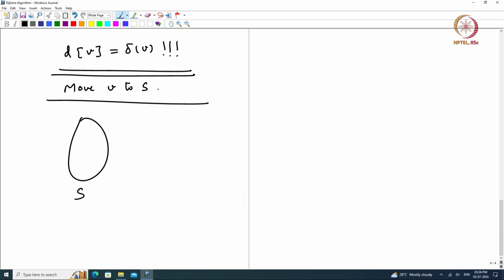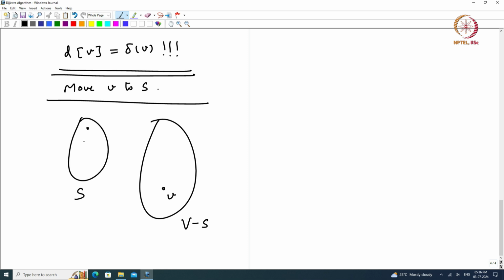The proof is a very elegant proof, and it is by contradiction. Let us look at a picture. We have S and V minus S, and a vertex V; assume that this V has the minimum D value.